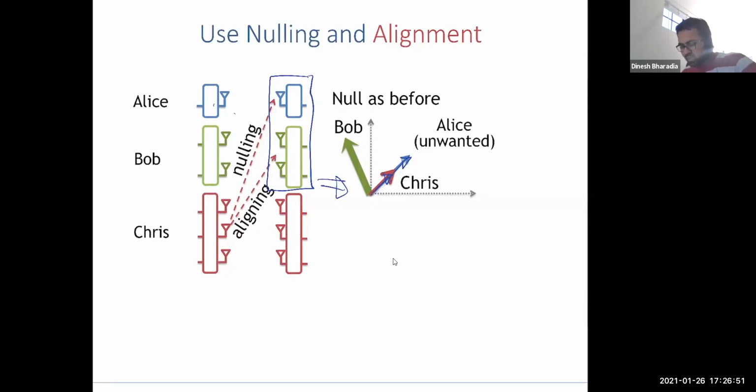The problem is there were three: Alice, Bob, and Chris. At Bob, if Alice and Chris don't align, then Bob cannot decode his data, because essentially either you null or you align.